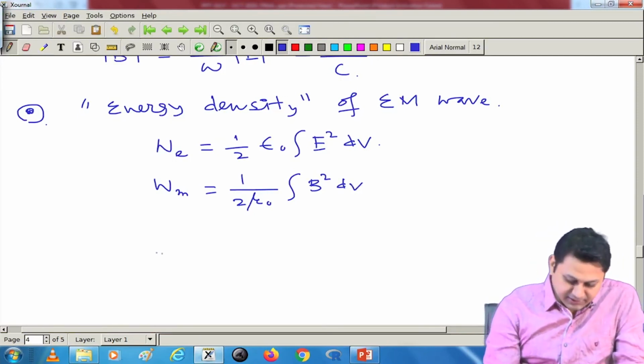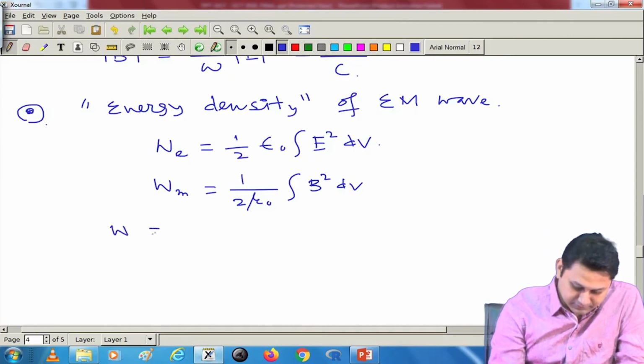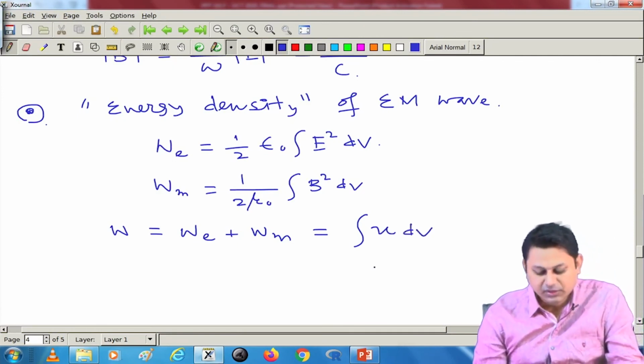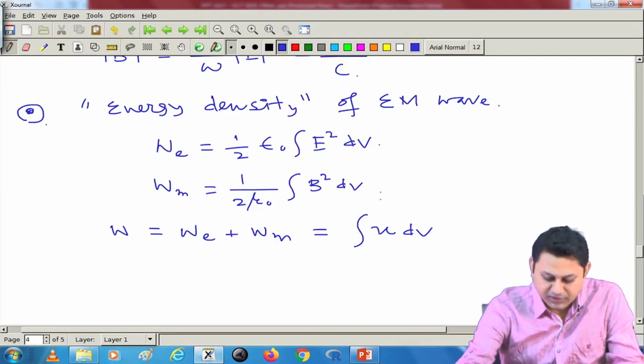So, the total energy is this plus this, and I can write this total energy as the energy density multiplied by the volume, integrated over a small volume dV.